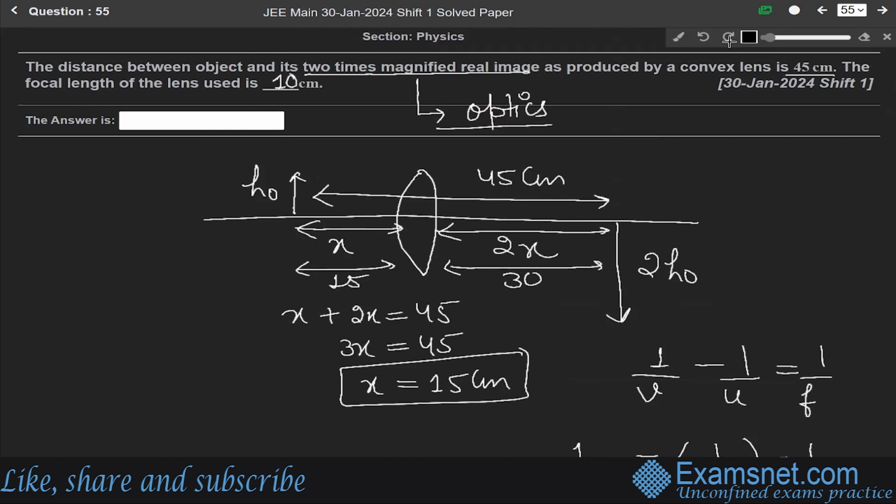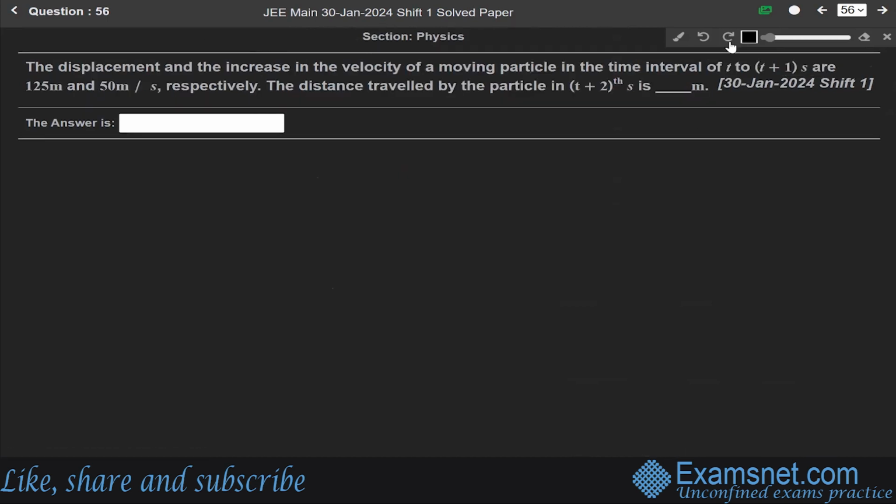Now next question 56. The displacement and the increase in the velocity of a moving particle in the time interval of t to t plus 1 second are 125 meter and 15 meter per second respectively. The distance traveled by the particle in t plus 2 second is. So this question is from the chapter of kinematics.